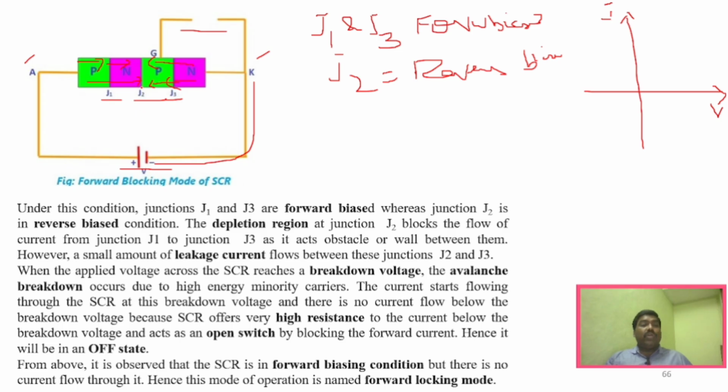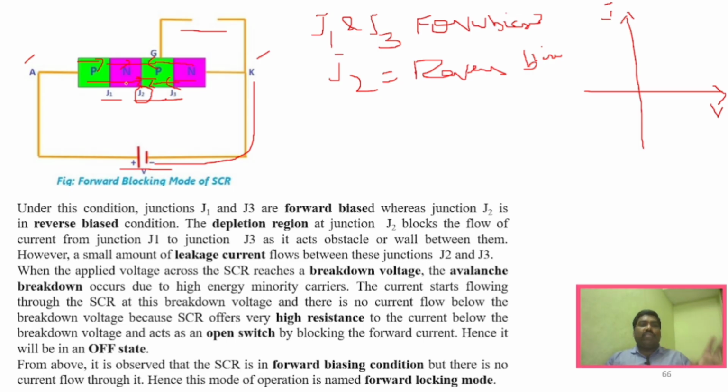But J2 is reverse biased here. We already know that if it is forward biased, there is a chance of movement of charge carriers, whereas if it is reverse biased, there is no chance of movement of charge carriers. So the charge carriers, because of the forward bias condition, will cross J1 and similarly J3, but they will not be able to cross J2. Either the holes from this side or the electrons from this side will not be able to cross J2.